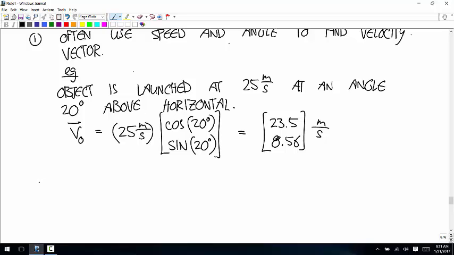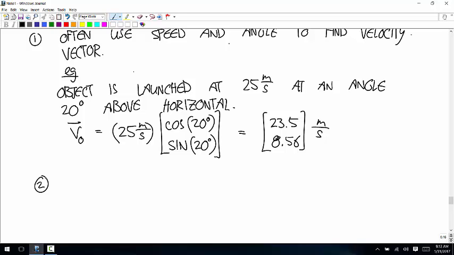Okay, here's the second thing that you need to remember. When we were doing motion along a line, what did we know about the object at the point where it turned around, like when it reached the highest point, and the velocity was 0? So the main thing we used that for was when an object reaches the highest point. What do you think in 2D is going to be the requirement for when an object reaches its highest point? Yeah, perfect.